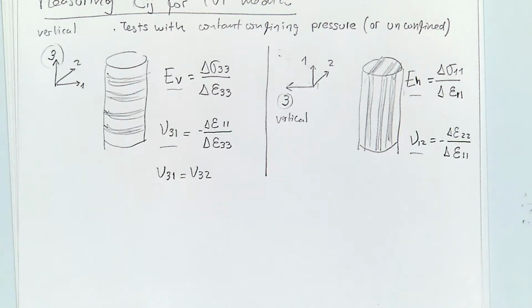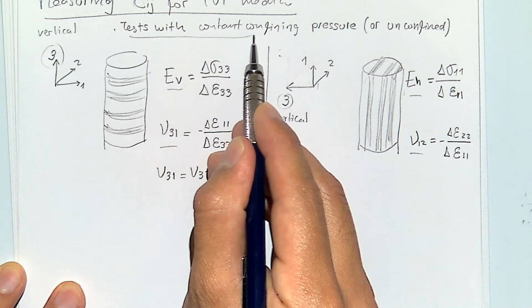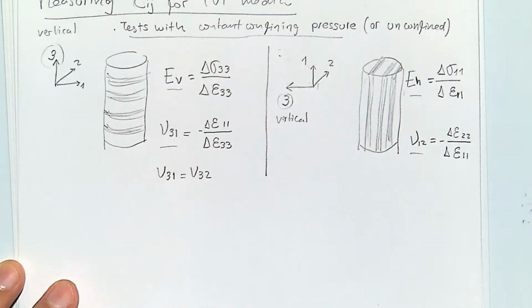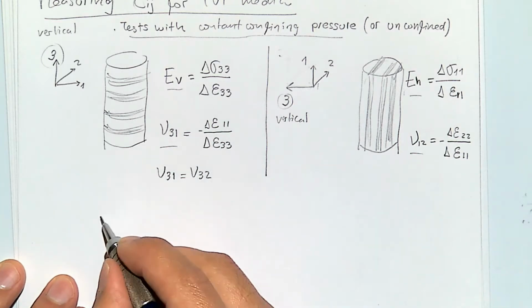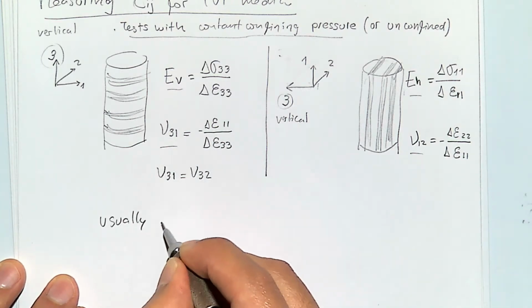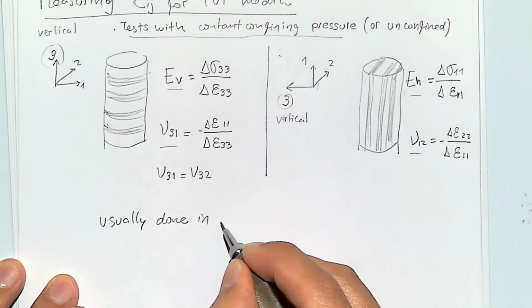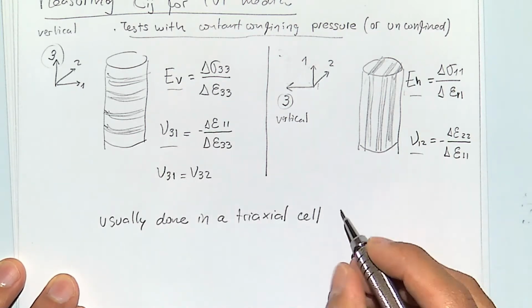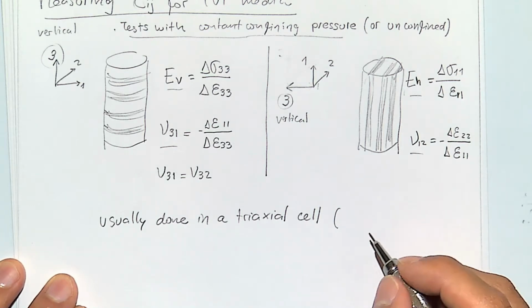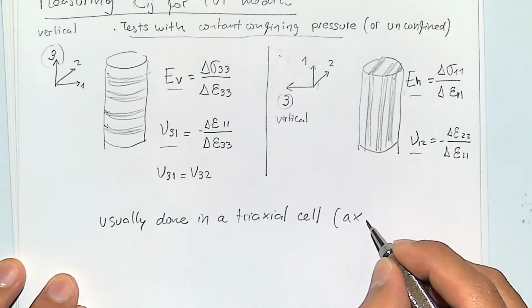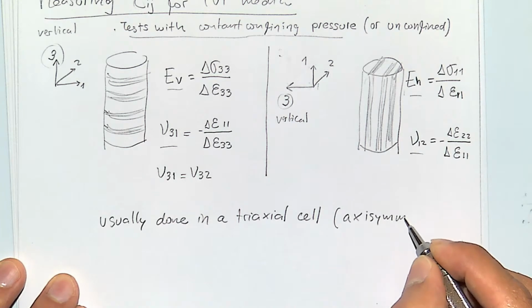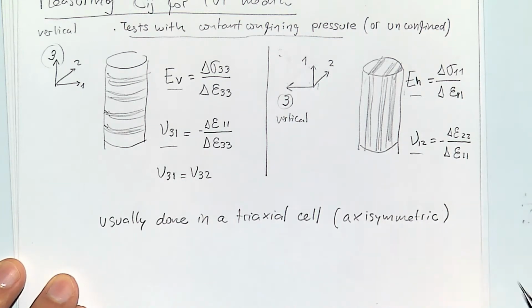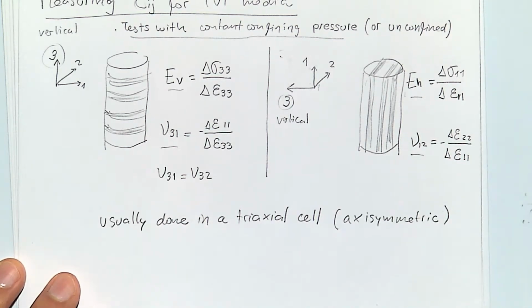So these tests with constant confining pressure or unconfined are usually done in a triaxial cell, and it's also an axisymmetric triaxial cell. And because of that, I cannot do anything else related to these conditions.